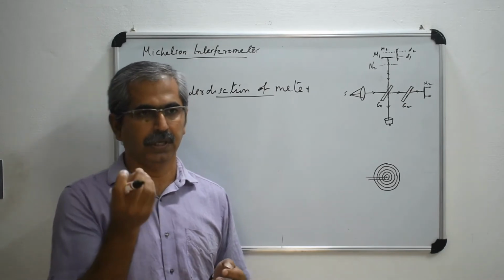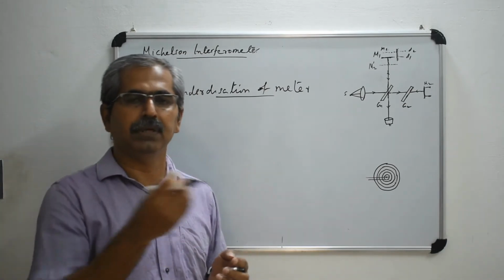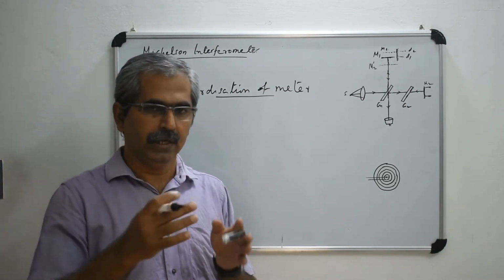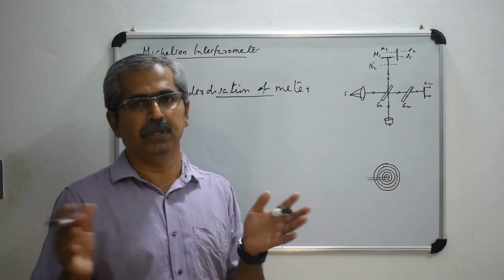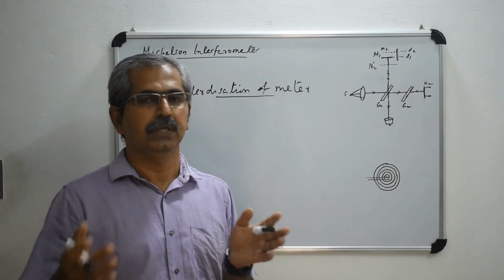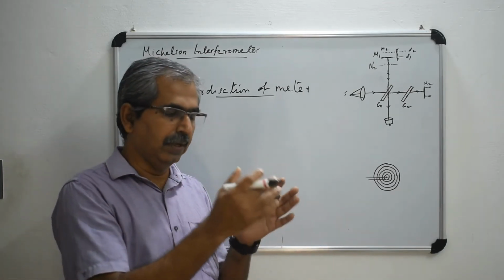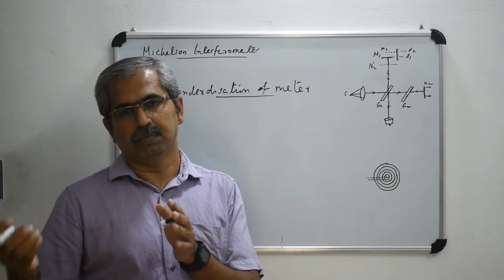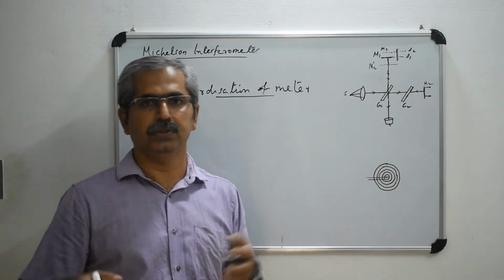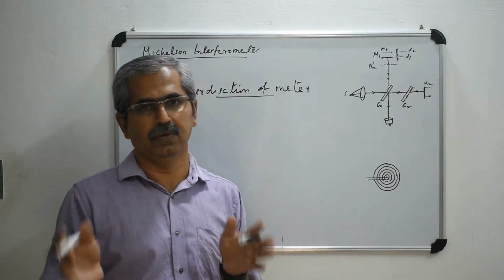The advantage is that the light emitted by an atom will have a certain wavelength that does not depend upon the place or the conditions. So the wavelength of light will be the same whether you are measuring here or in the US or on the moon, wherever it is, that value will not change.